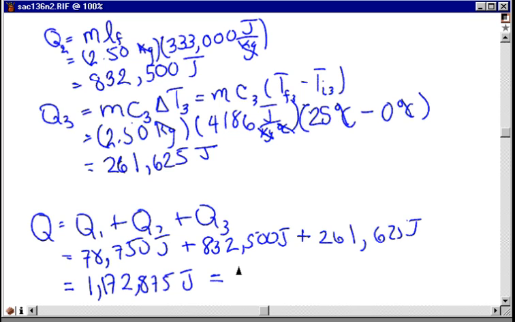Just keeping 3 significant figures, 1.173 times 10 to the 6 joules, 1.17 megajoules.